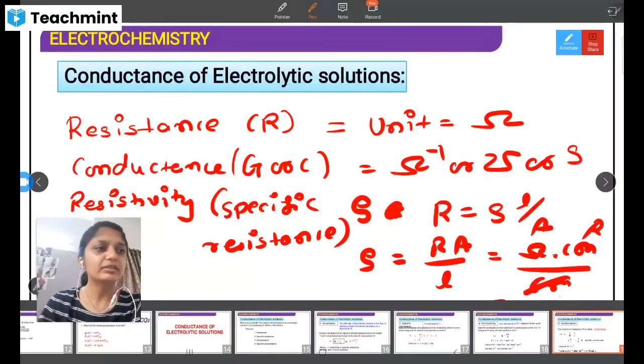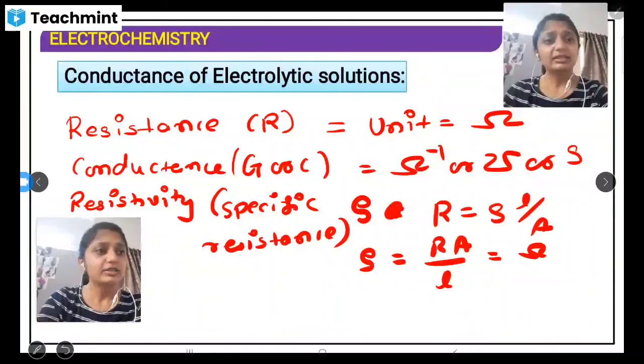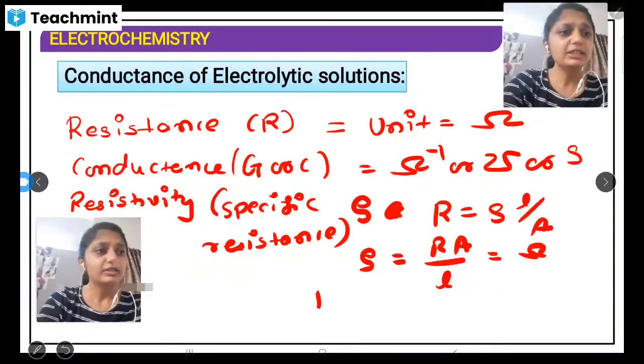Now the last term is conductivity. That is also represented as specific conductance. This is specific resistance, and this is specific conductance, which is denoted by the symbol kappa.